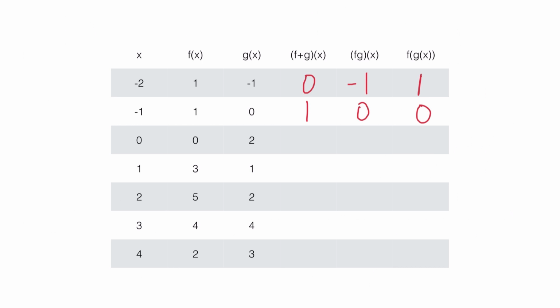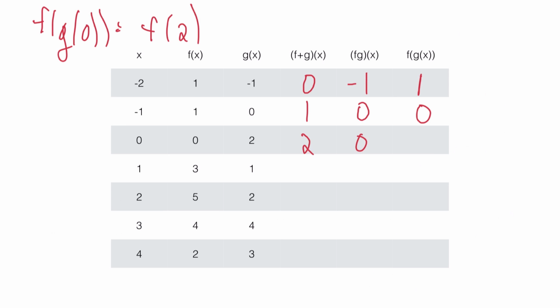Next, 2, 0. And then let's say that f of g of 0 is equal to f of 2, which is equal to 5. So we put 5. Next, we have 3 plus 1, which is 4. 3 times 1 is 3.